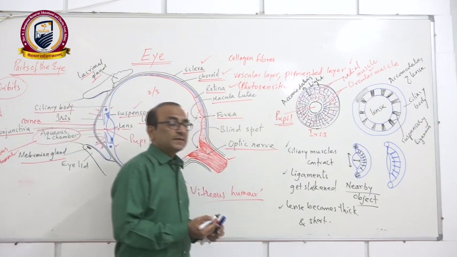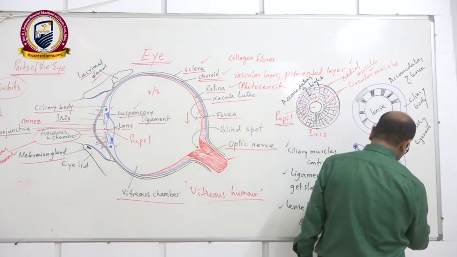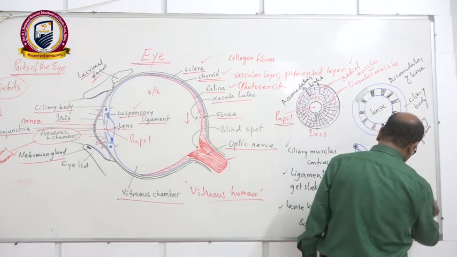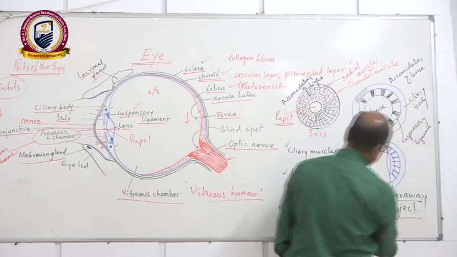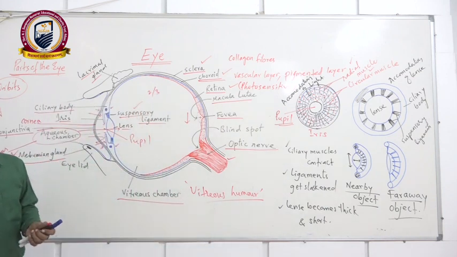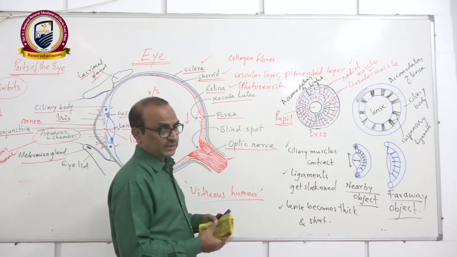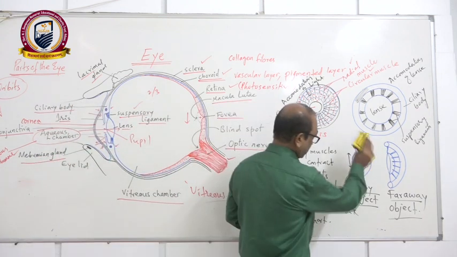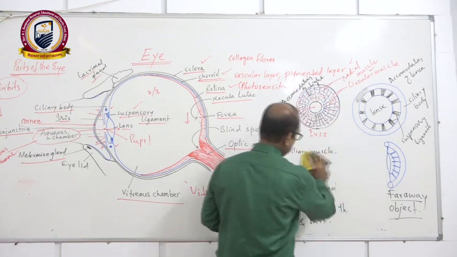Now what happens when we look at a far away object? Let us see. Now when we are looking at a far away object, again the shape of the lens and its thickness has to change. We'll look into another diagram I have drawn.